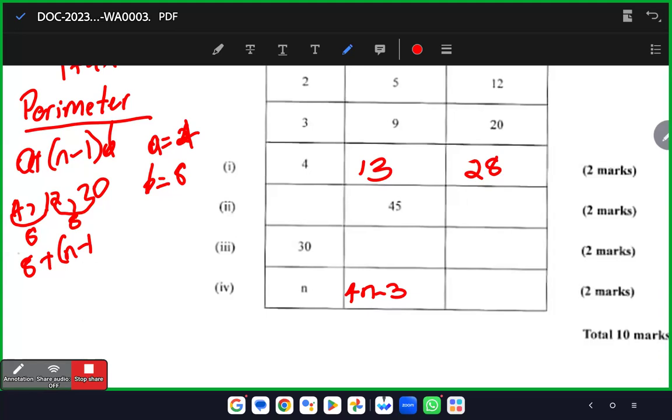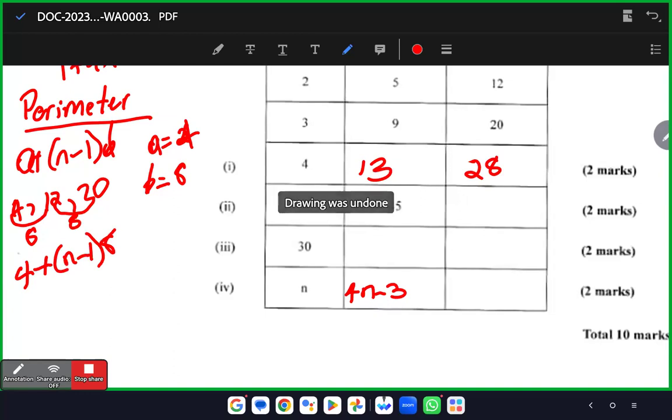The first term is 4, plus open bracket n minus 1 times 8, which is the common difference.